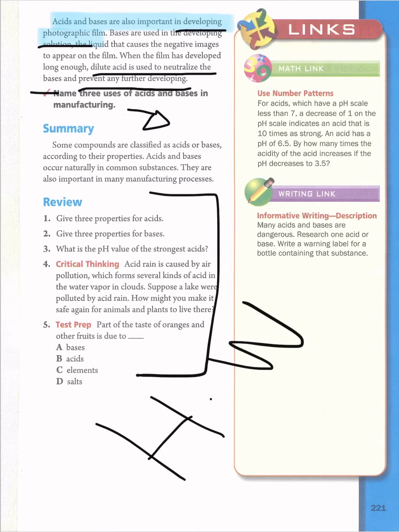It means it's helpful for making the photos or images appear. And what do the acids do in that situation? The diluted acid is used to neutralize the base. They add acids to neutralize the base and prevent any further developing.